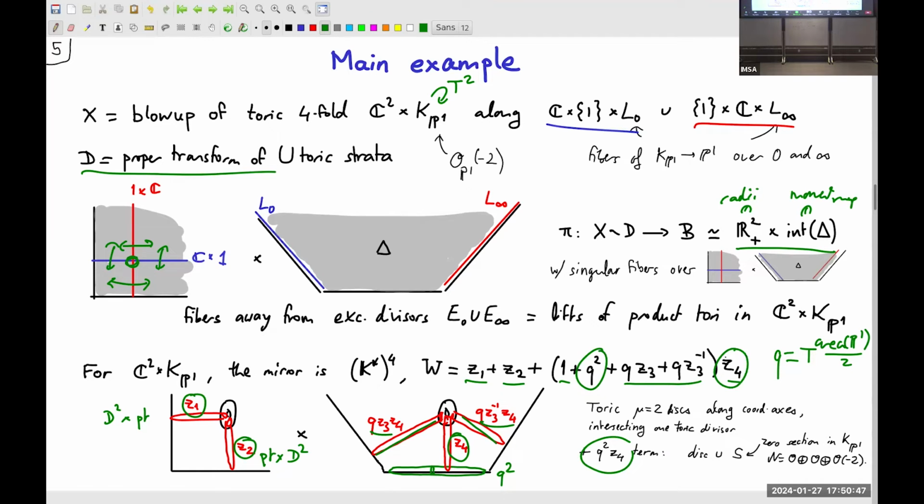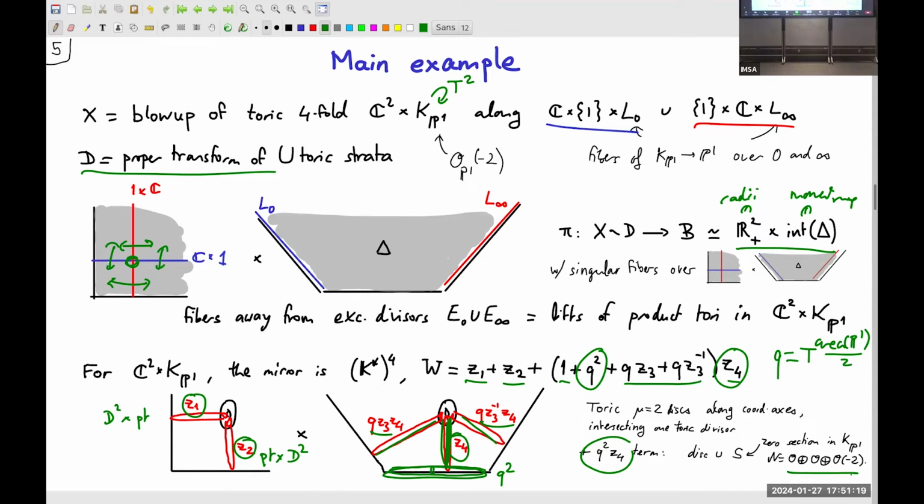That term corresponds to this disk union the zero section in O(-2), which is a rational curve with normal bundle O plus O plus O(-2) has c1 equals 0. And yes, you can attach it to that disk, and the count of those is actually going to be 1. You can check that if you deform the complex structure, this will persist as a holomorphic disk. The node will smooth itself.